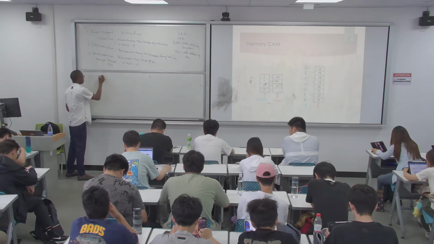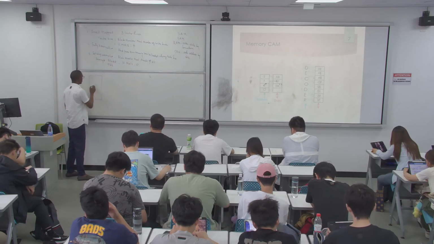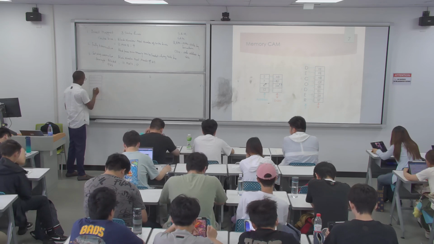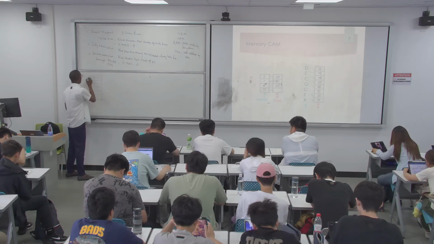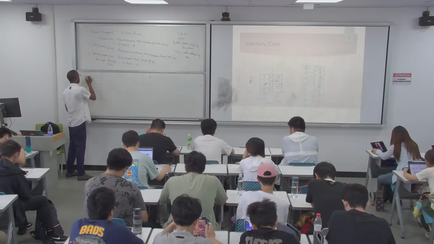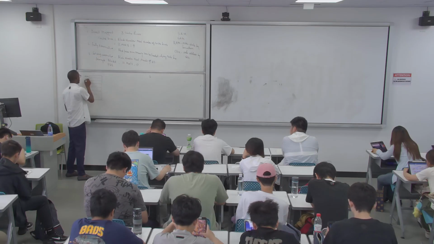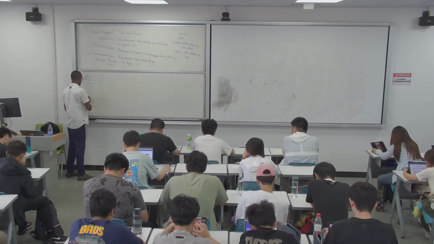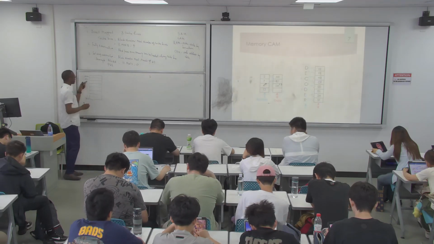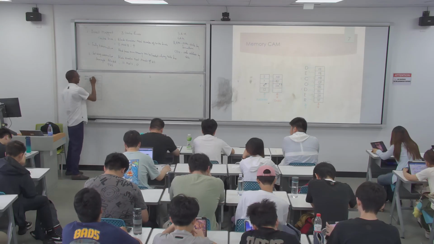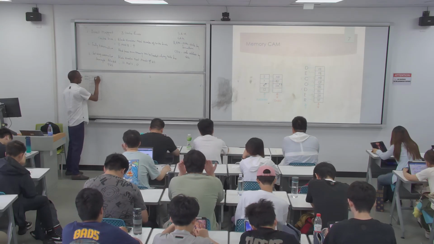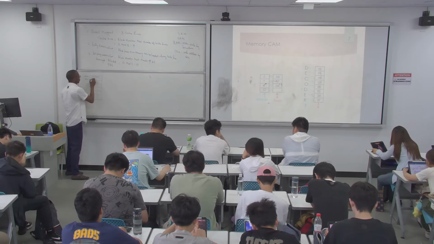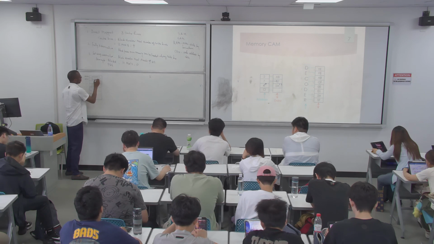If you still remember, for random access memory, for example, these are memory addresses. Let's say this is 0x00, 0x01, and 0xFF. At each memory location we have different values.